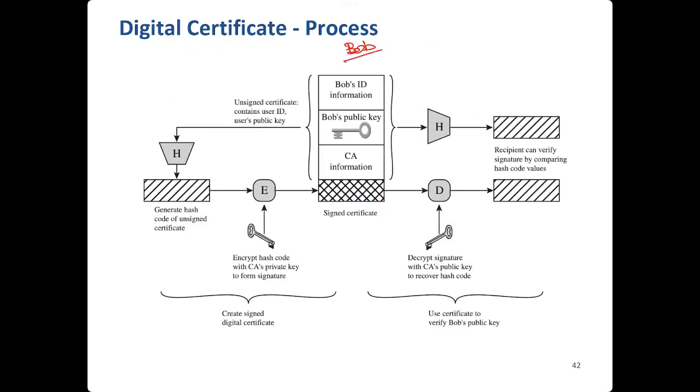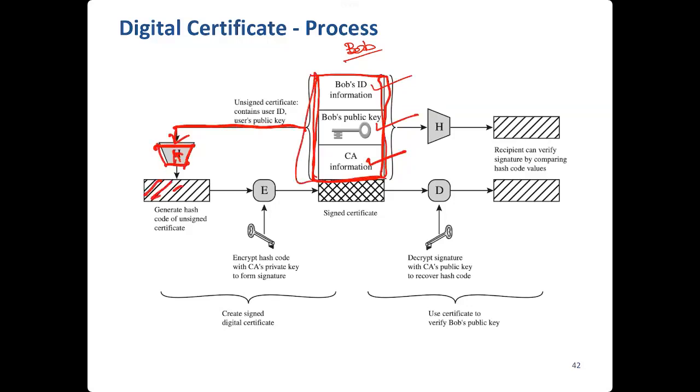This certificate has these things in plain: Bob's ID, information about Bob, Bob's public key, and the CA information. CA information is also known because this can also be verified, right? Now, in order to create the certificate, what the CA does is a hash of this information.